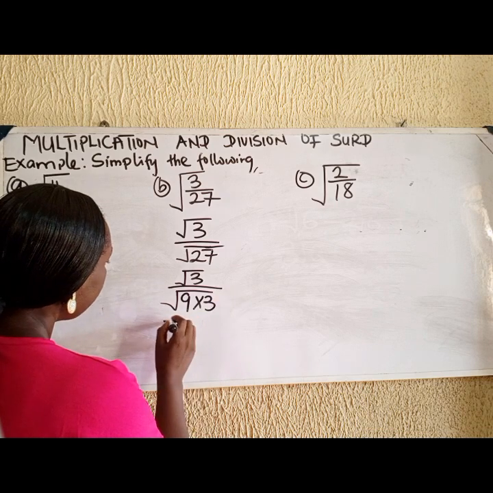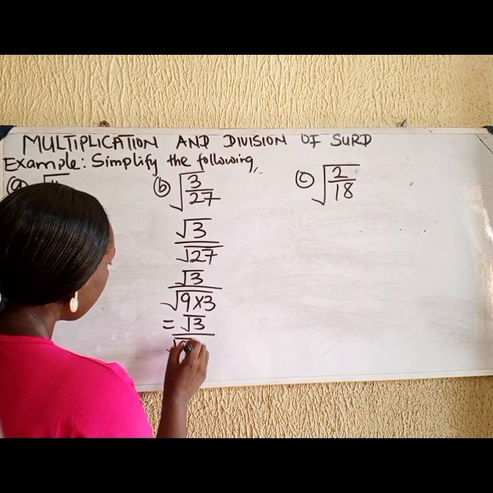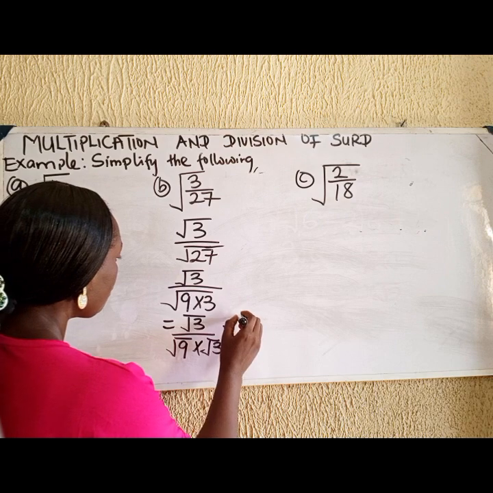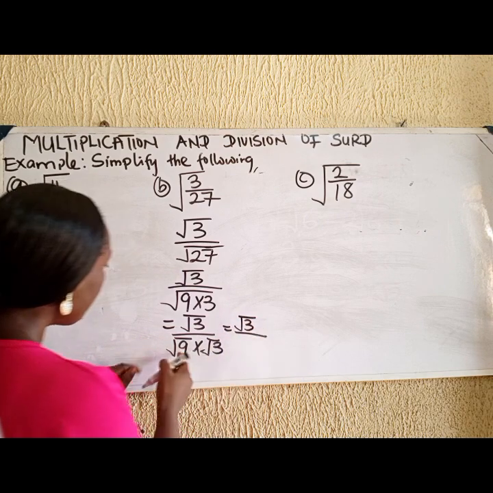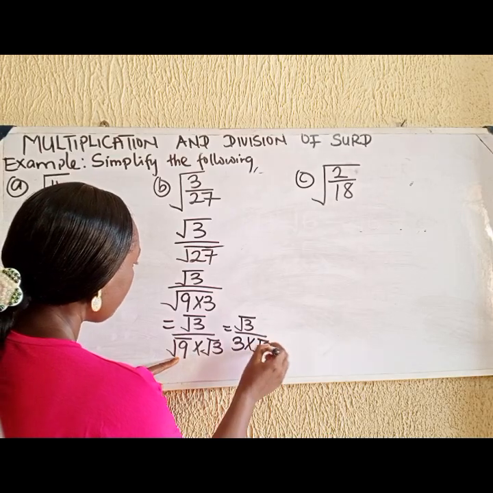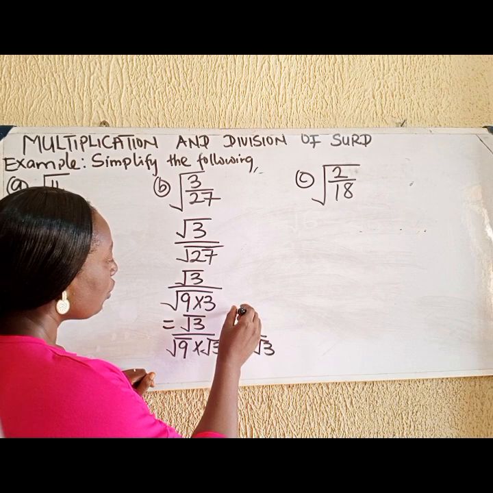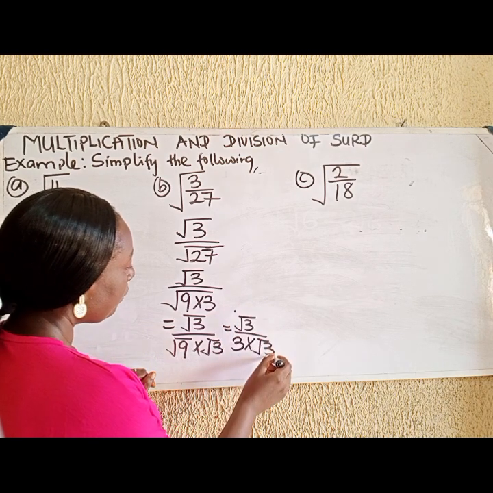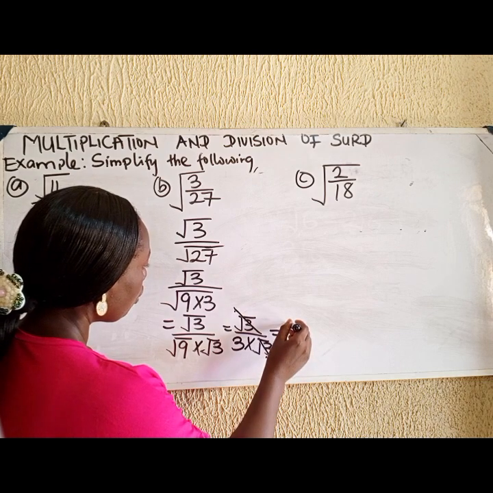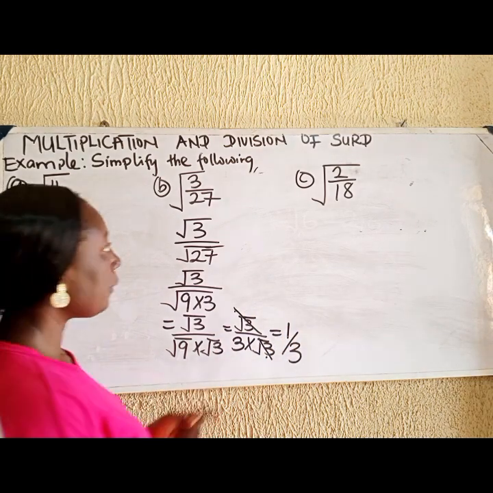So I have root 3 over square root of 9 times square root of 3, which is root 3 over 3 times root 3. You will see that root 3 is at the top and at the bottom, so this will cancel this. I am now left with 1 over 3. I hope it's clear.